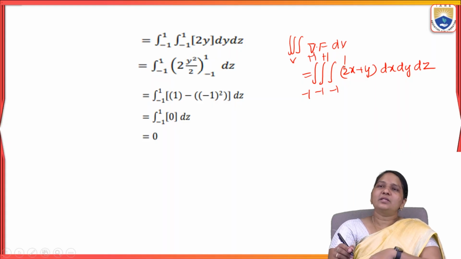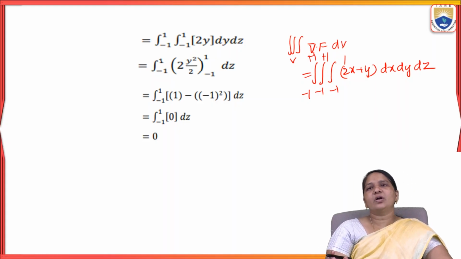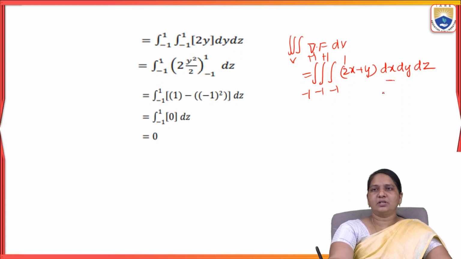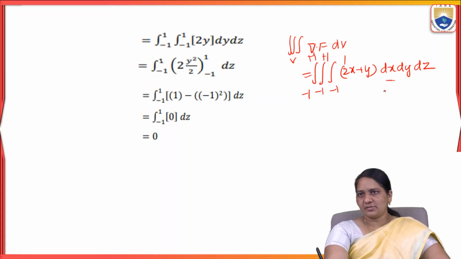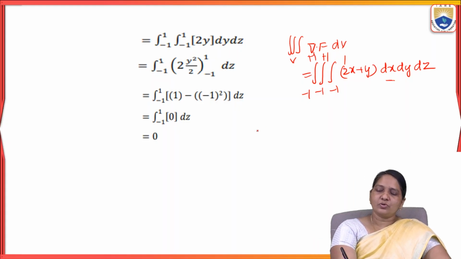So here 3 values, that means limits of x, y, z, are constant. So that means we can do any variable first: with respect to x, y, or z. If you have a variable and a constant, then we have to integrate the variable first, after that the constant. But here all 3 are constant, so we can do x, y or z first. So here first I am doing with respect to x.